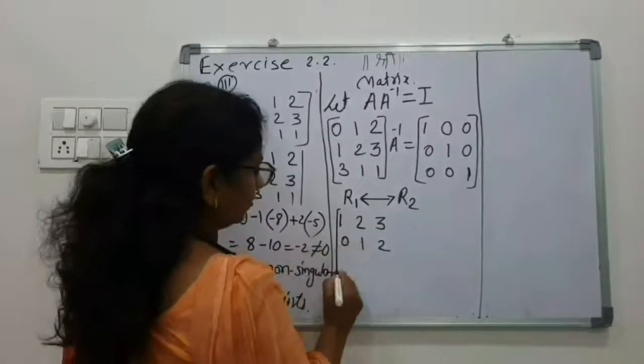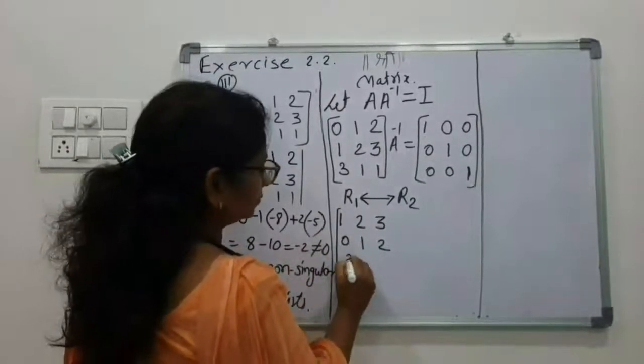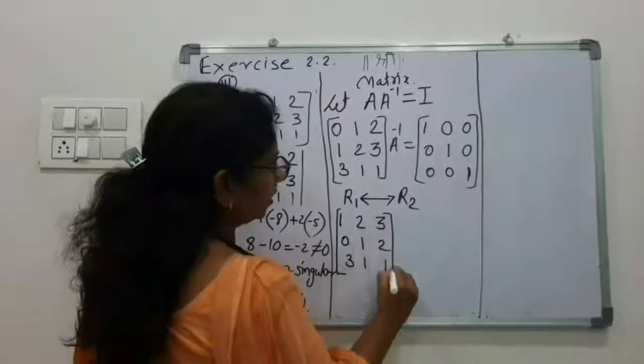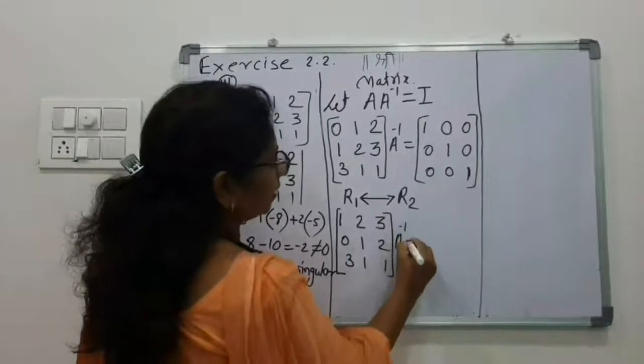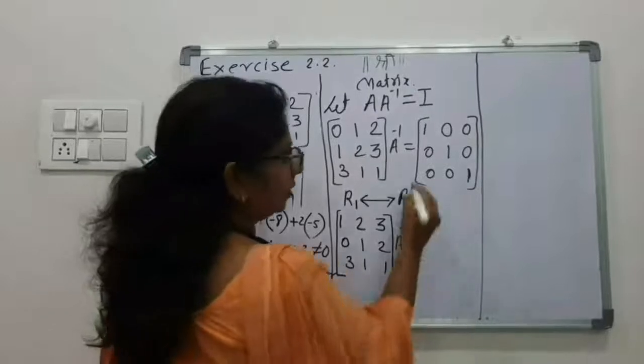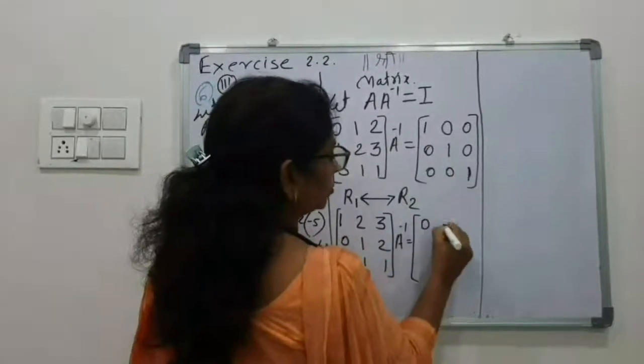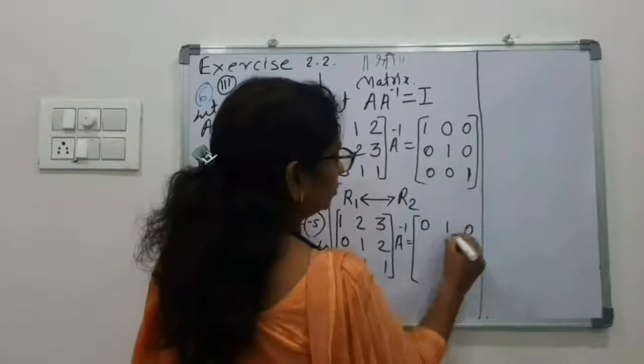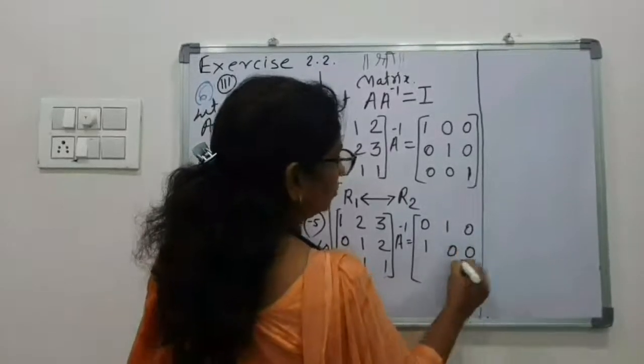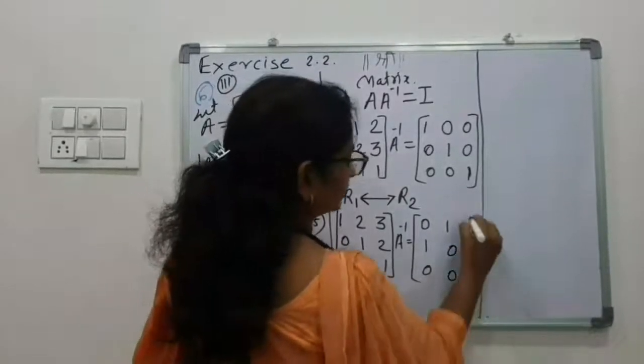This is R1, now R2. And no change on R3, so write it down as it is. A inverse: here also we follow the same transformation. [0, 1, 0; 1, 0, 0; 0, 0, 1].